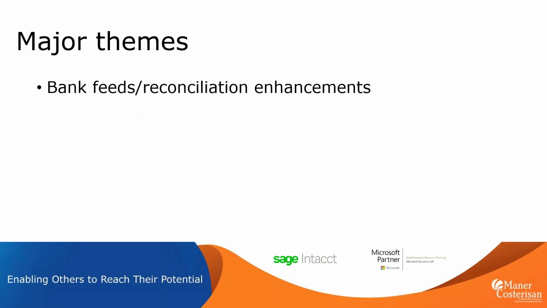Even if you don't have bank feeds set up, Intacct has built in more reconciliation enhancements for spreadsheet import, if you're taking a CSV file and importing it into Intacct for your bank account. I'm going to spend a lot of time talking about this today because I'm really excited about it, and it's part of the next generation of building some intelligence into business systems. So we'll be talking about that today.